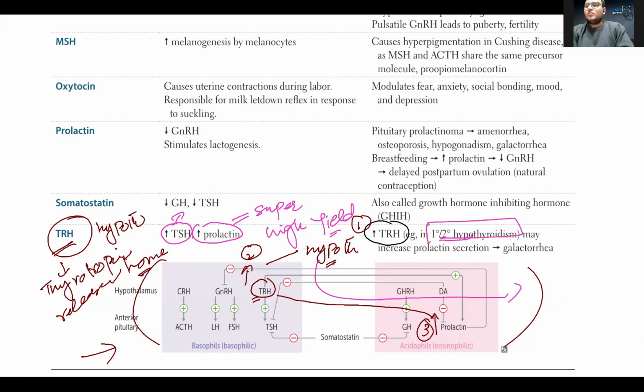Now go for the fourth point. When there is increased prolactin, now I will mention with the red color. A fourth point, when there is increased prolactin, you follow my line of red color. This will go and this will inhibit the gonadotropin releasing hormone. When there is inhibition of gonadotropin releasing hormone, there will be no LH and no FSH released from the anterior pituitary.